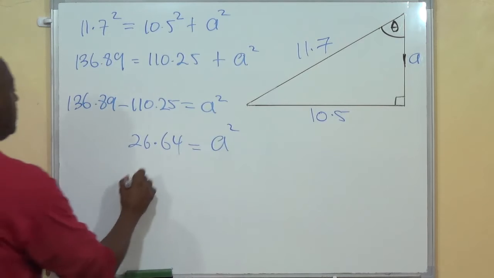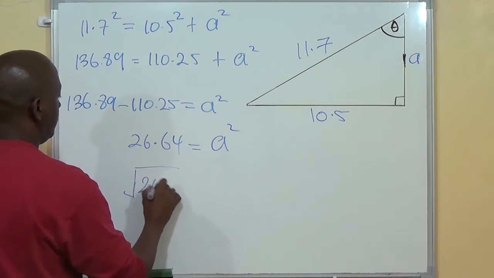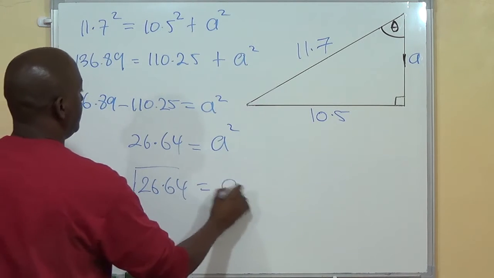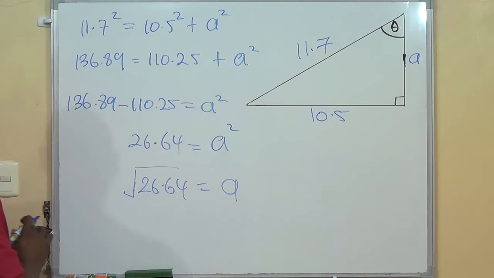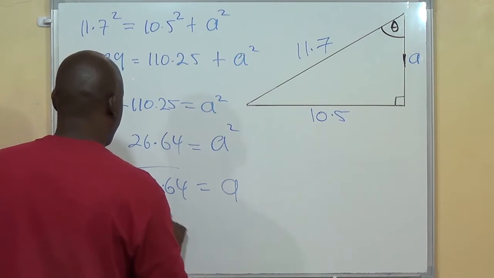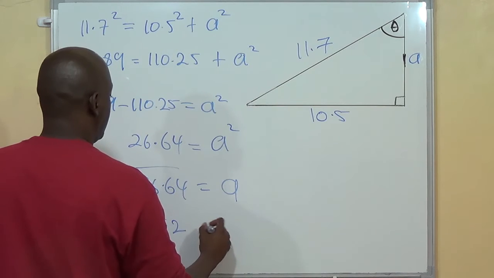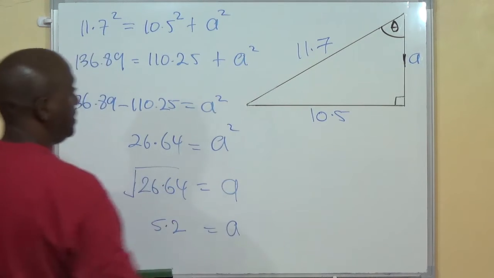So the square root of 26.64 is equal to a, which is the adjacent side, and that is equal to 5.16, which is 5.2 to one decimal place.